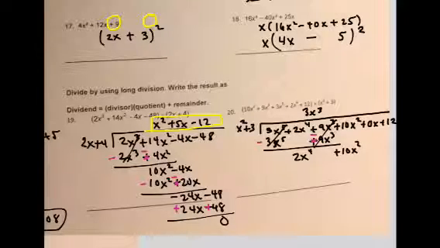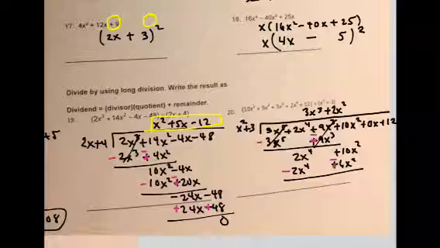So x squared times what gives you 2x to the 4th? That would be 2x squared. So that gives me 2x to the 4th right there, and 6x squared. We're subtracting, so I'm adding the opposite. It's a minus.